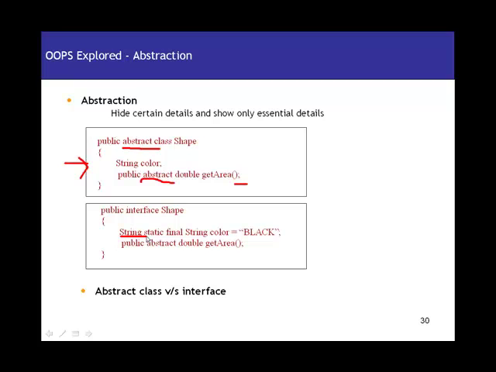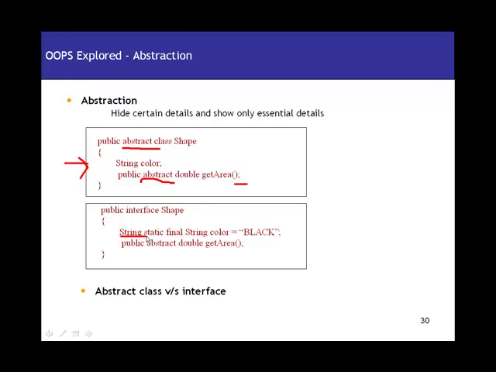When you come to interfaces, you can implement multiple interfaces, and at the same time you can extend a class as well. That's one important difference between interfaces and abstract classes.